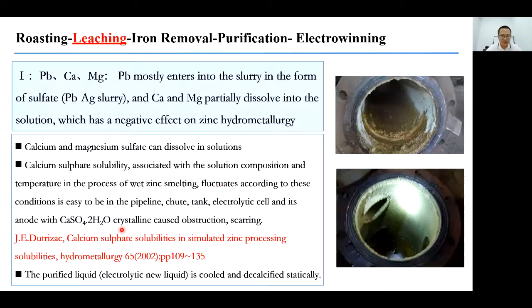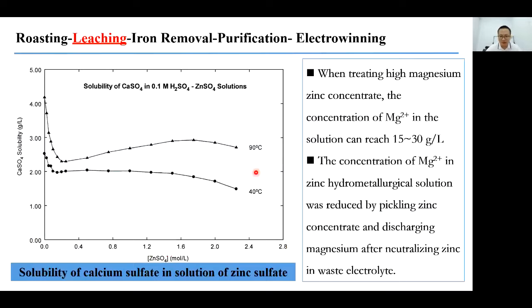Some studies have provided information about solubility. The temperature influences the solubility of calcium sulfate gypsum in the solution. By varying the temperature, we can get it to precipitate. This is how gypsum can be removed or separated.